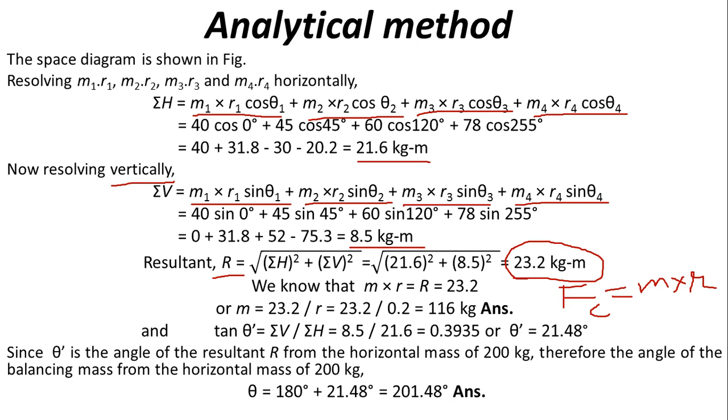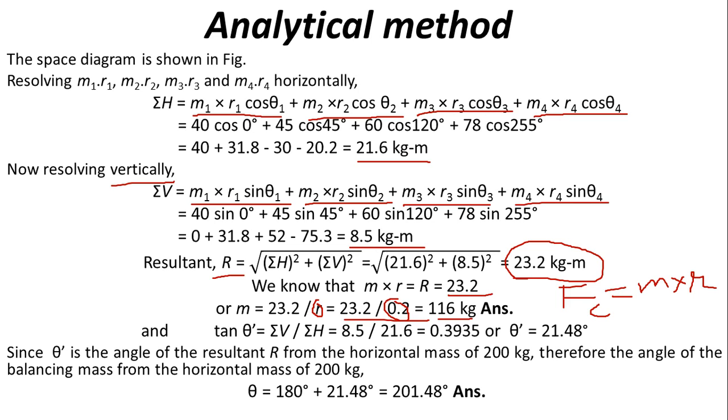So you got the resultant as 23.2, and mass can be calculated from this. So m is the resultant divided by the radius. 23.2 divided by 0.2, you get the mass as 116 kg.